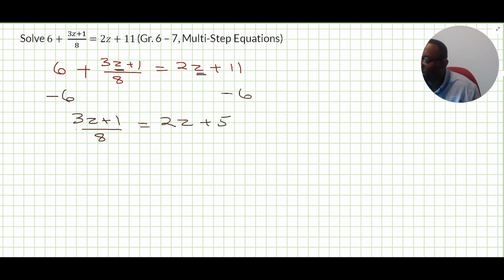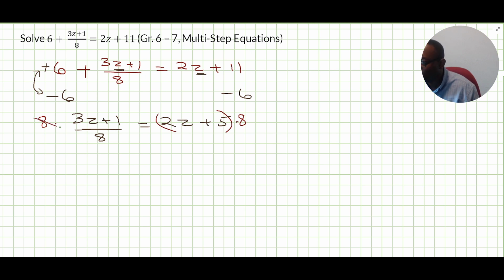Now we have a division here, and always take note of the reason we're doing this: we always change the sign on the number we're trying to move off that side. In this case, we have a division by 8, so the opposite is to multiply by 8.